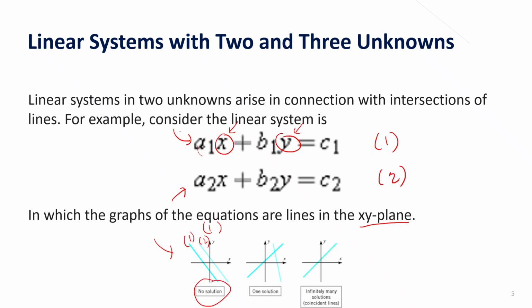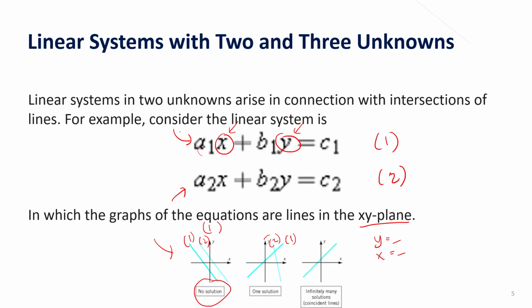Another case is when the first line, for example, and the second line intersect at some point, so you can find the value of y at that exact point, and the value of x that fulfills both equations.